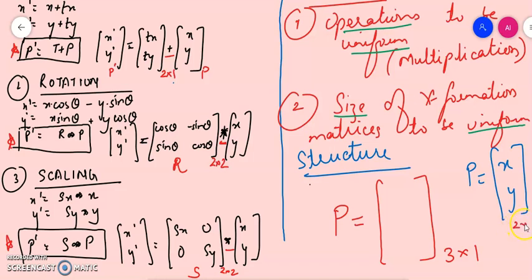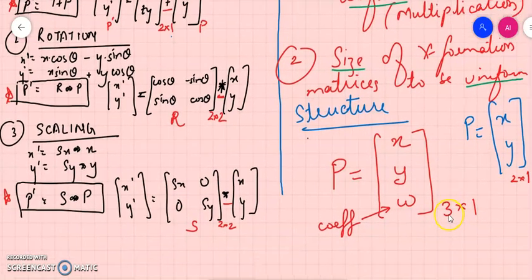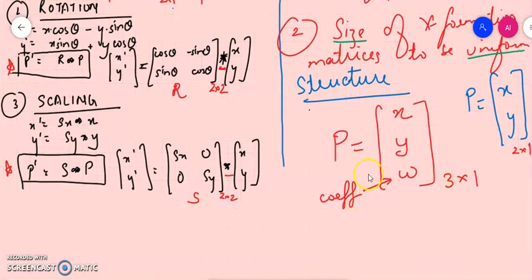Previously it was 2 rows, 1 column. Now it is 3 rows, 1 column. So my first row is x, my second row is y, and my third row is a coefficient w. Okay, and this holds a value basically.